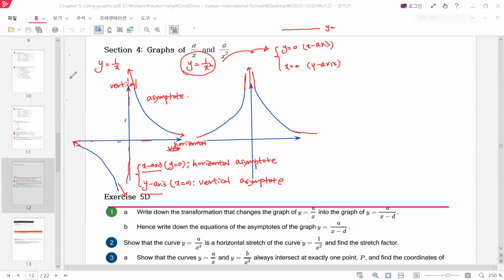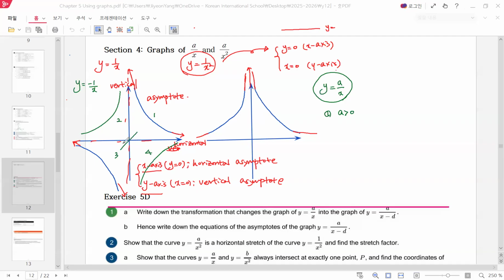And then please draw the graph of y equals negative 1 over x. Then you can find the graph looks like this way, okay? So therefore, the graph shape of y equals a over x. Firstly, if a is positive, then this graph passes through the first quadrant and then the third quadrant, right?